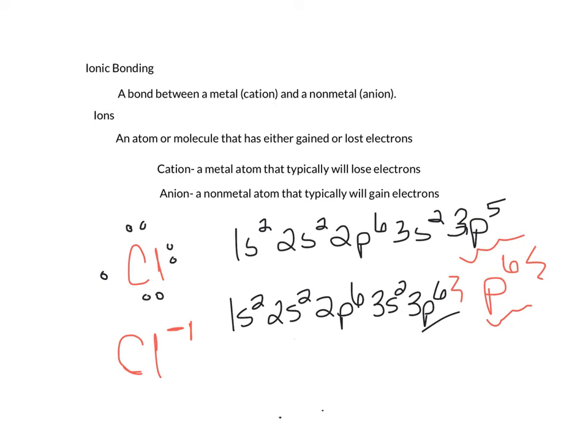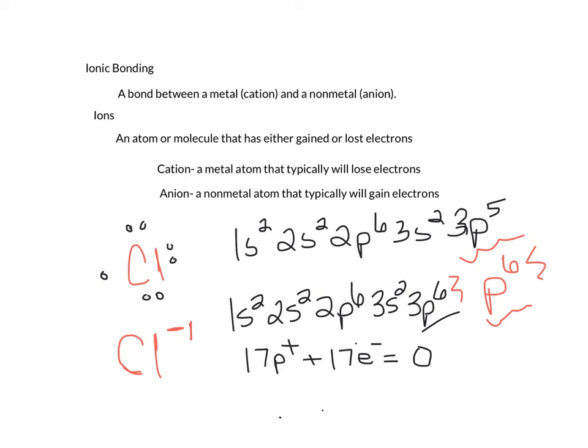Now, if we look at chlorine, chlorine has 17 protons. And in its neutral state would have 17 electrons. If we add all the 17 positive charges to all the 17 negative charges, our net charge would be 0, which is what this chlorine has.